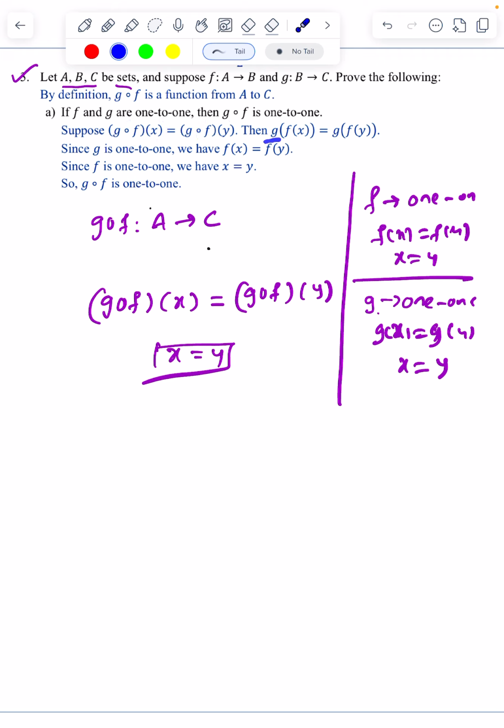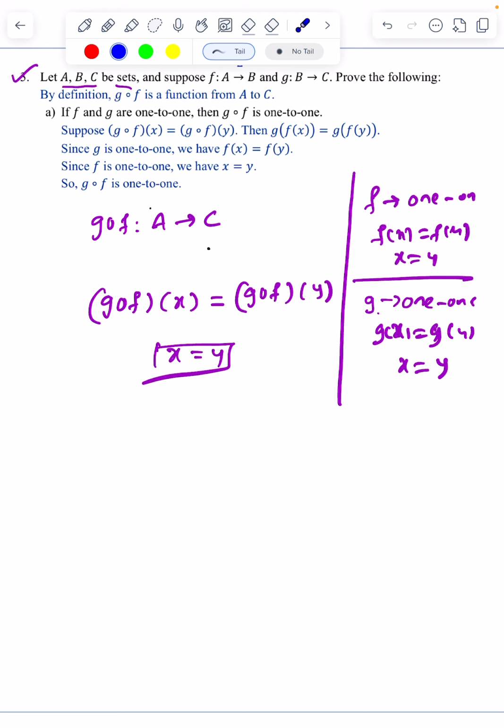We know that g is a one-to-one function, so whatever the bracket values are on both sides, they are also equal. So these inside input values are equal according to the one-to-one property.